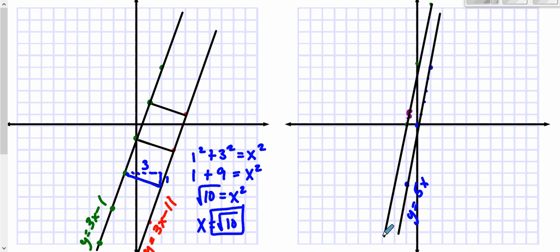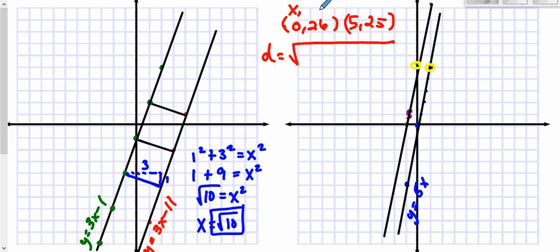Okay. Now a problem like this is not as easy to count. So I'm going to focus in on 2 points that I know pretty easily and find the distance between those. So I've got this coordinate here, which is 0, 26. And I have this other point, which is 5 and then 25. Let's use these numbers and use the distance formula. So I've got my x1 and my y1, my x2 and my y2.